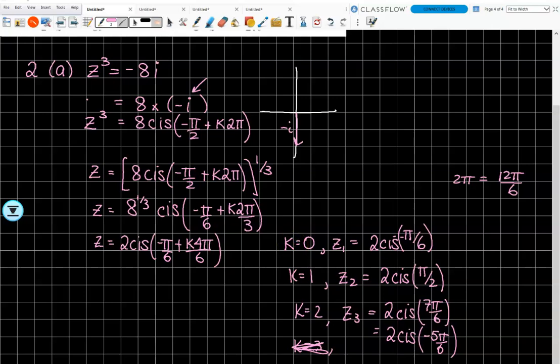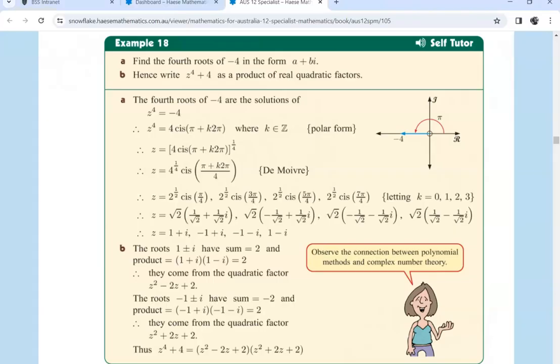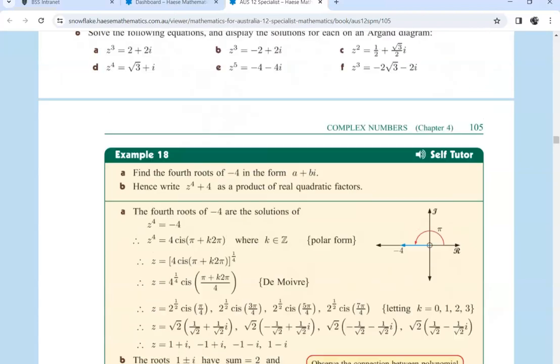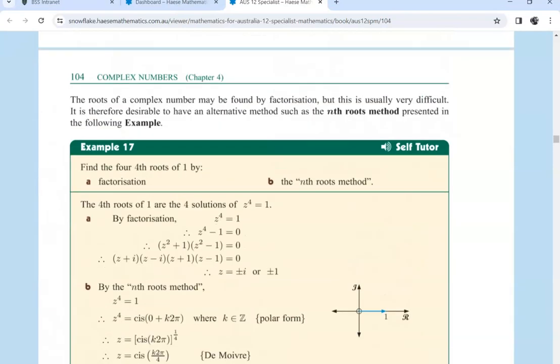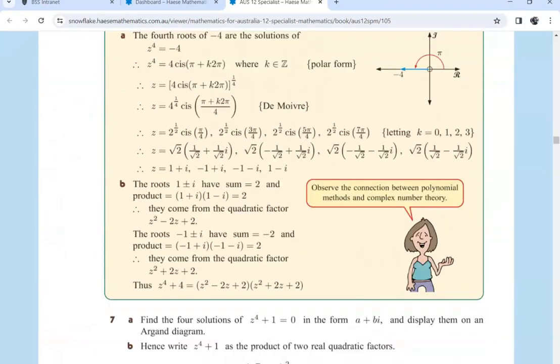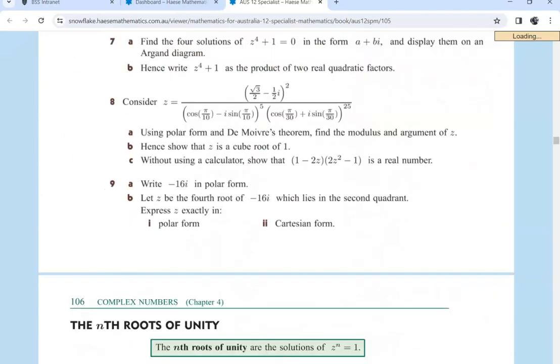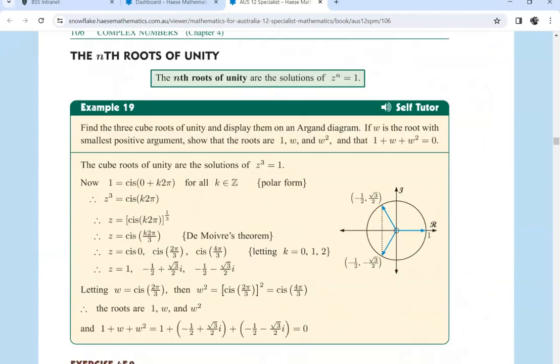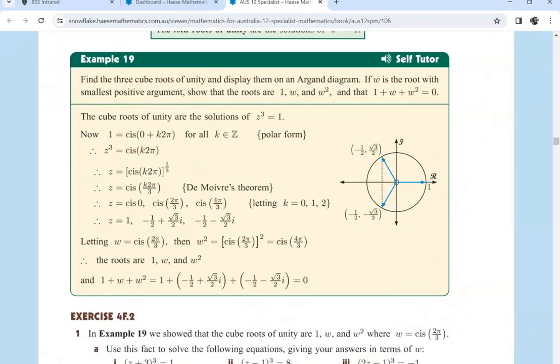As you go on, when you start having to draw them, do they get you to draw them? Not yet. Yep. So you will eventually be asked to draw them. Now when you draw them, when you've got 3, wherever they start, they are evenly spaced around the circle.